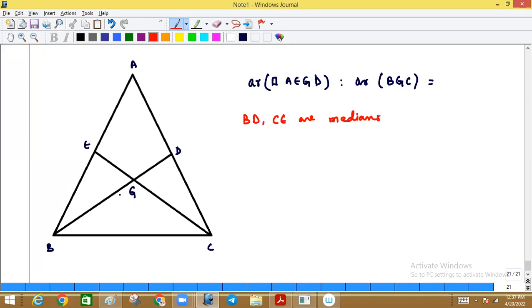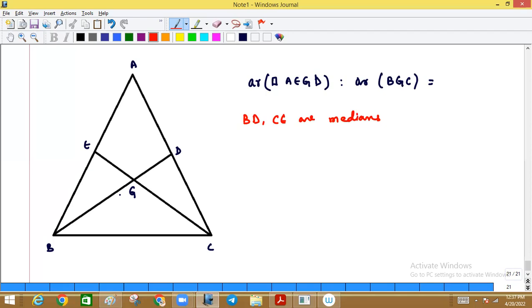Sometimes they may give BD and EC as medians, or they simply say D and E are midpoints of AC and AB. The line joining a midpoint to the opposite vertex is also called a median only. If it is the line joining the midpoint and the opposite vertex, it is a median only. Right? Now what is the ratio? Okay, 2:1. Any other options? Any other answers?